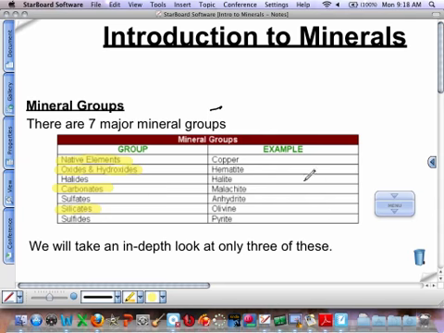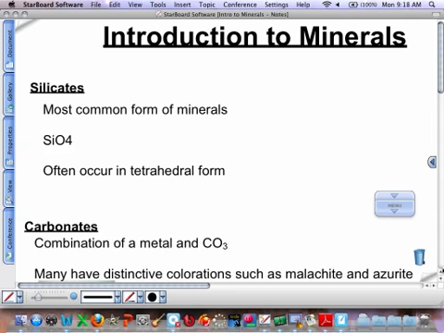What I want to look at next is basically just a quick preview of the other types of elements, or not elements, but minerals. So we have silicates. You guys remember that silicates is SiO4. That's written incorrectly. It should be SiO4. And that's basically where you have this really big silica atom.